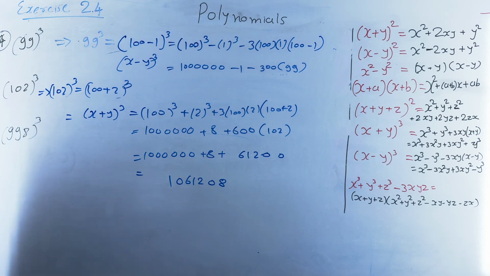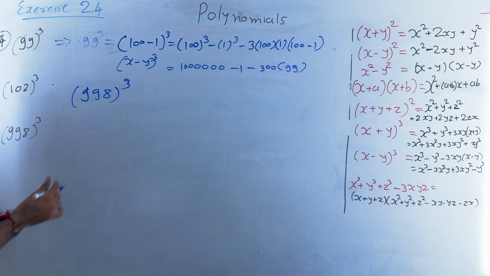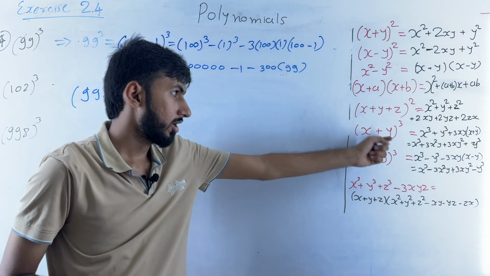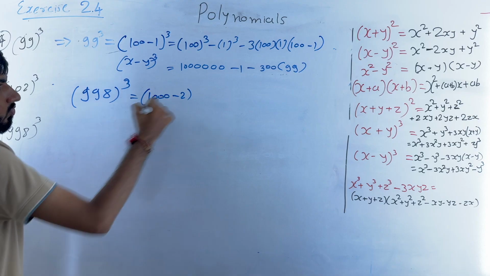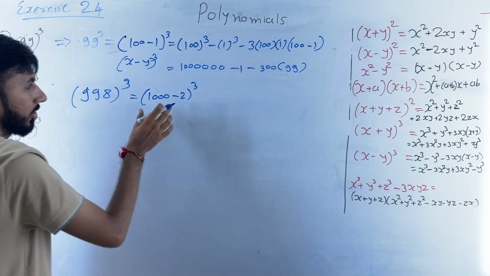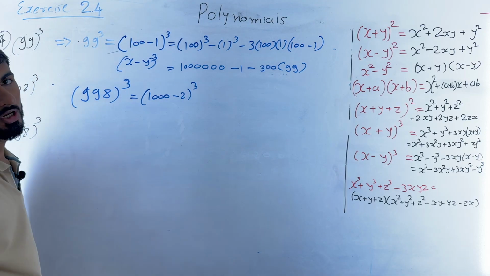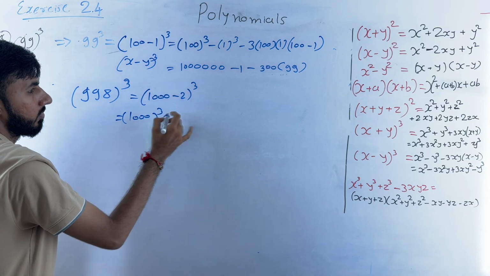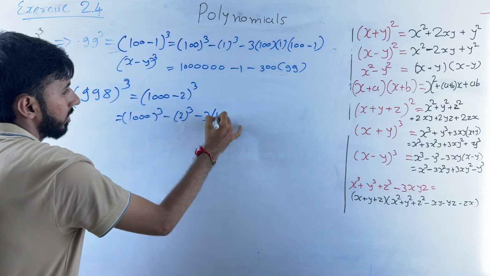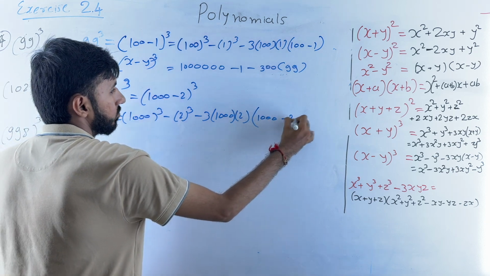Now 998 cube. So convert it into a form of our identities. So 998, I can write 998 is equal to 1000 minus 2, right? (1000 minus 2) cube. Now comparing it with your identity (x minus y) cube, that is x cube minus y cube minus 3xy in the bracket x minus y. So you will write your answer as 1000 cube minus 2 cube minus 3 in bracket 1000 in the bracket 2 in another bracket. I have to write 1000 minus 2, right?